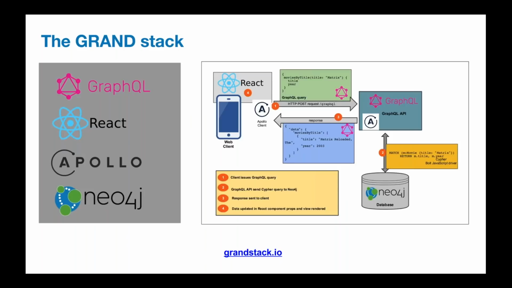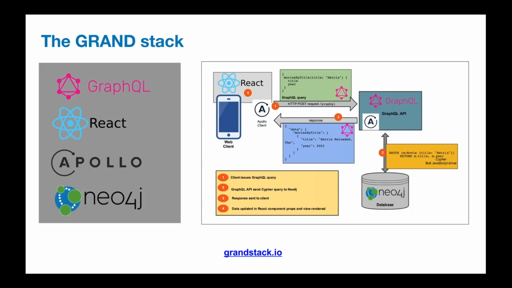If we see here, this is the diagram that we saw earlier, now slightly modified to show where each piece of the GRANDstack fits in. React, of course, is a JavaScript library for building user interfaces. Apollo fits in as a client integration with React that allows us to bind data in our React components to a GraphQL query.